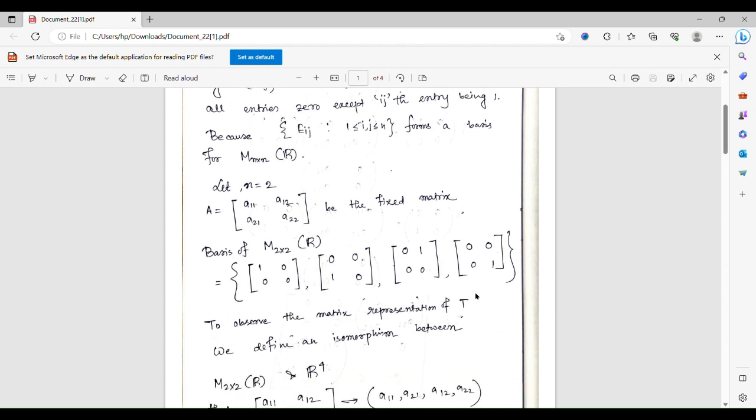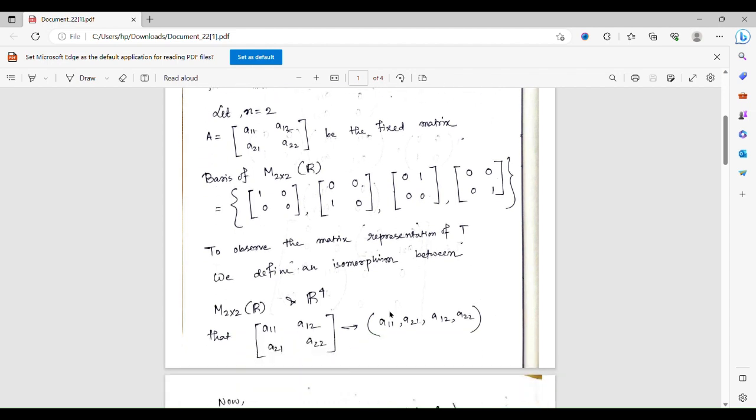Now to find the matrix representation of T, we define an isomorphism from M2 cross 2 R to R4. I mean the matrix is just like an element of R4.